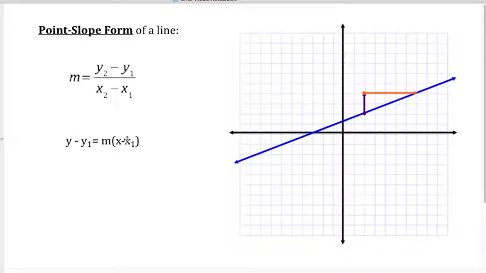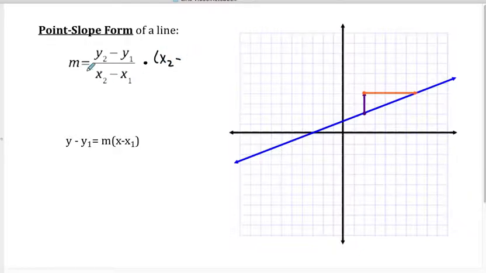And that brings us to the point-slope form of a line, which is a really useful way for fixing the equation of a line. It comes straight from the slope formula, this formula of finding the difference between the y's and dividing it by the difference between the x's. In fact, with a little mathematics, I could just solve this equation for y.